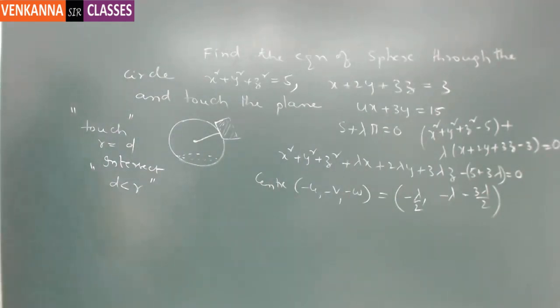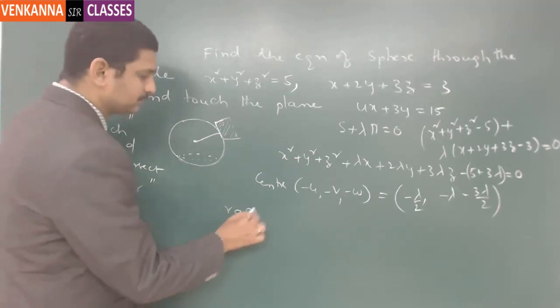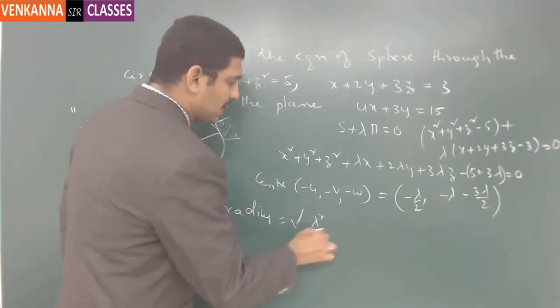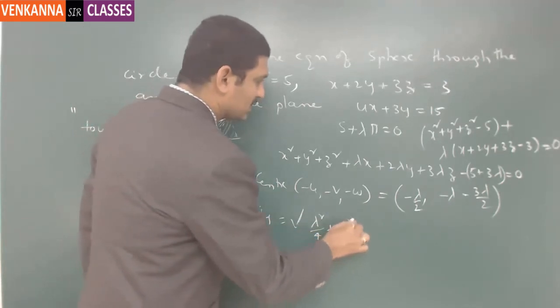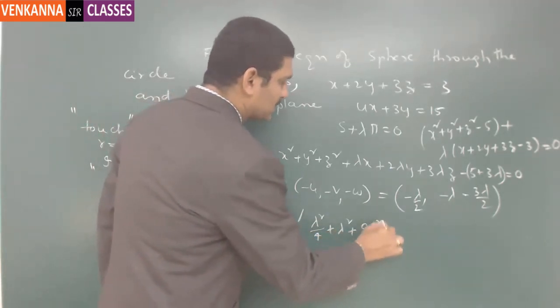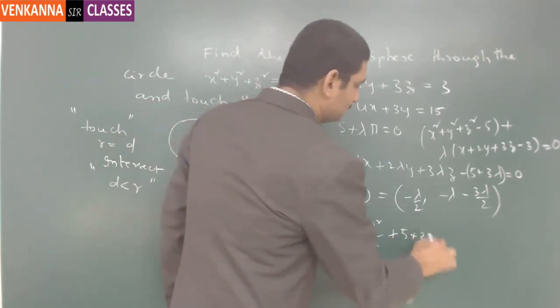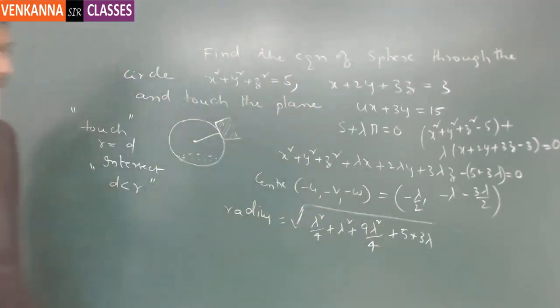And the radius, if we calculate, is square root of lambda square by 4 plus lambda square plus 9 lambda square by 4 plus 5 plus 3 lambda. So you can take LCM 4 there. So 4 comes outside.